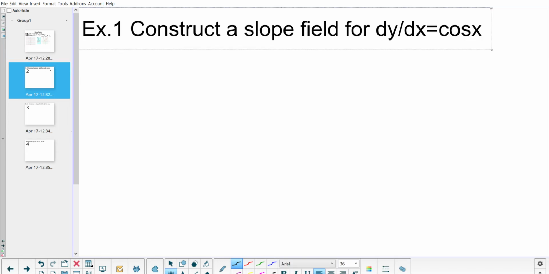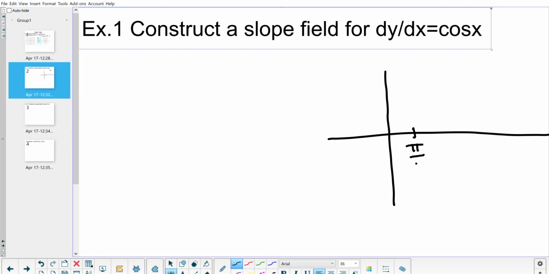The examples would say, construct a slope field for the differential equation dy/dx equals cosine of x. Okay, so we're going to draw a slope field for that. Since this is a trig function, I am going to put pi over 2, pi, 3 pi over 2.